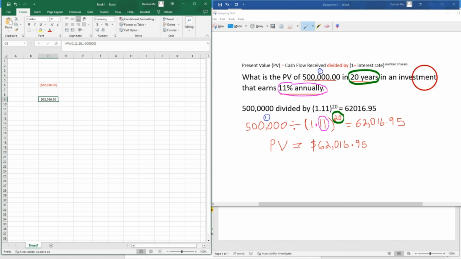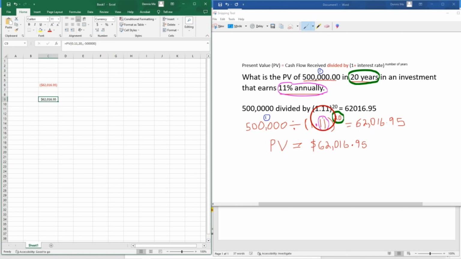If you've keyed in the rate, the number of periods, and the payout amount of $500,000, you would use this type of process to determine whether or not your initial investment is a good value. So if someone were to say, hey, I'll give you 500,000 back in 20 years if you give me $50,000 today, you have a trade-off.